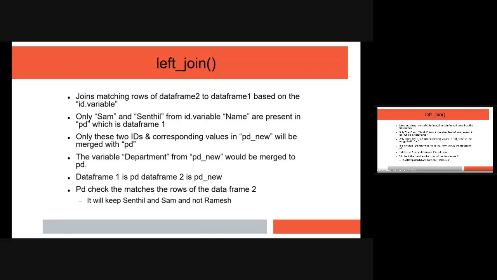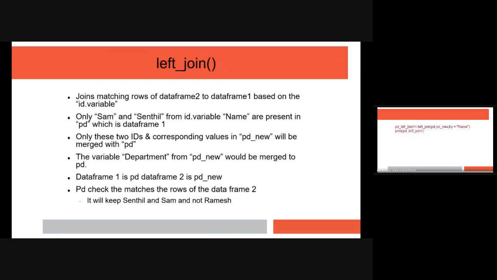The variable department from PD new will be merged to PD. Data frame 1 is PD and data frame 2 is PD new. PD checks the matching rows of data frame 2. It will keep Senthil and Sam and not Ramesh.